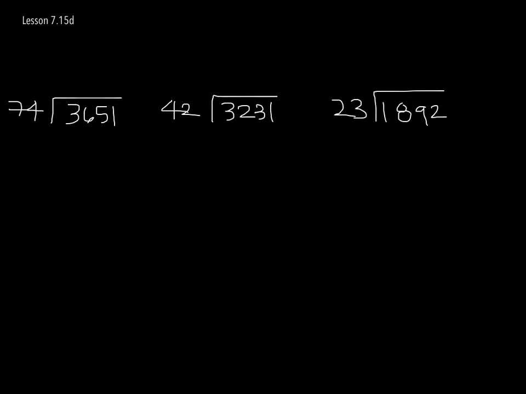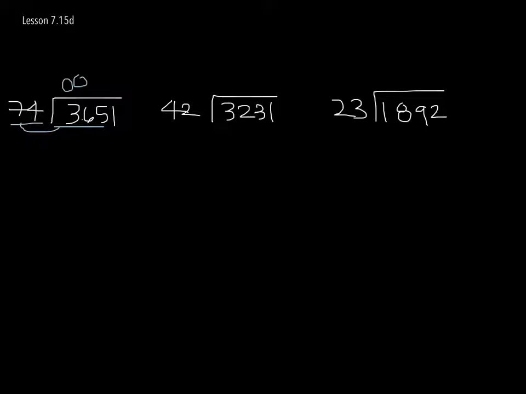Okay? Alright, our first problem is 74 into 3,651. First thing we need to ask, how many 74s in 3? 0. How many 74s in 36? 0. And next we look at how many 74s in 365.